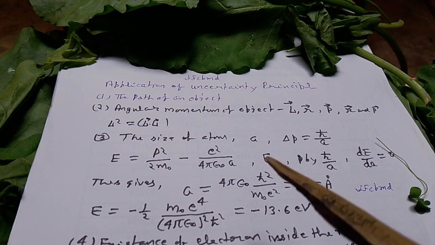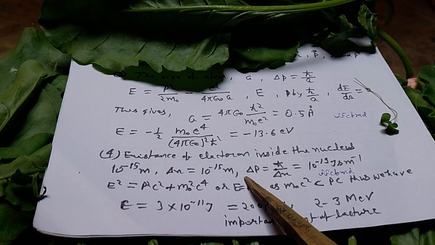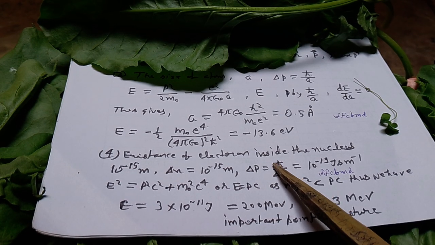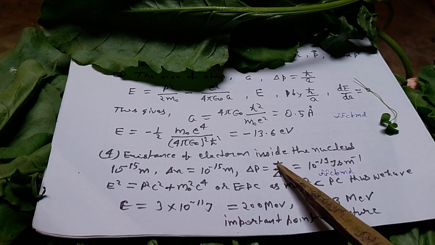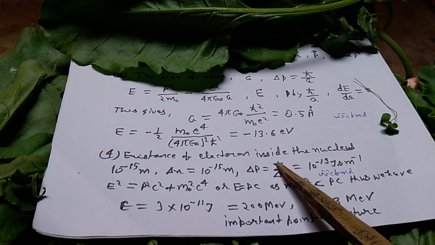Now next, we see the existence of electron inside the nucleus. We use the uncertainty principle to show that electrons do not exist inside the nucleus.